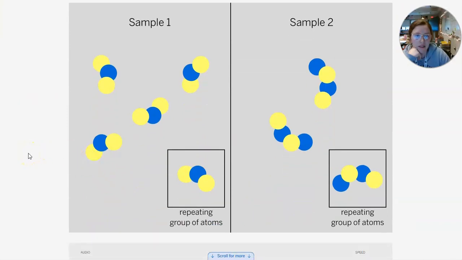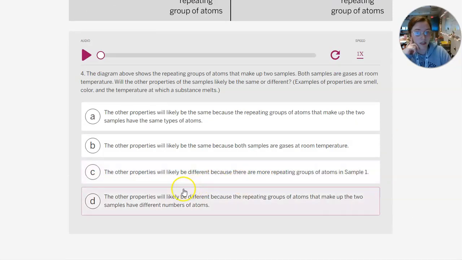Okay, are these the same or different? They are different. Are they different because this one has 5 and this one has 3? No. Are they different because this one has 2 yellows and 1 blue and this one has 2 blues and 2 yellows? Yes. So down here, which answer is correct? A, B, C, or D?